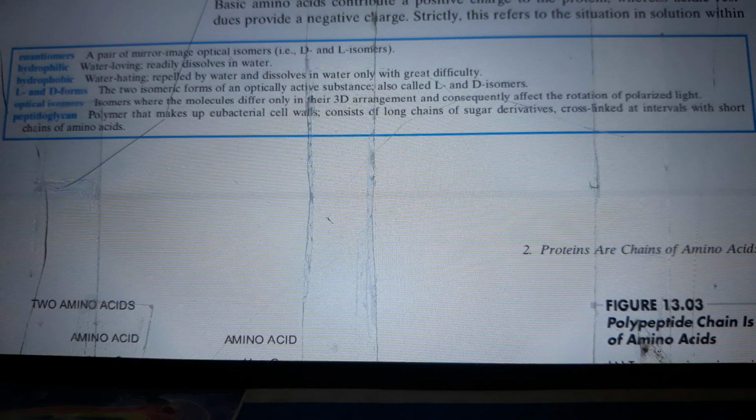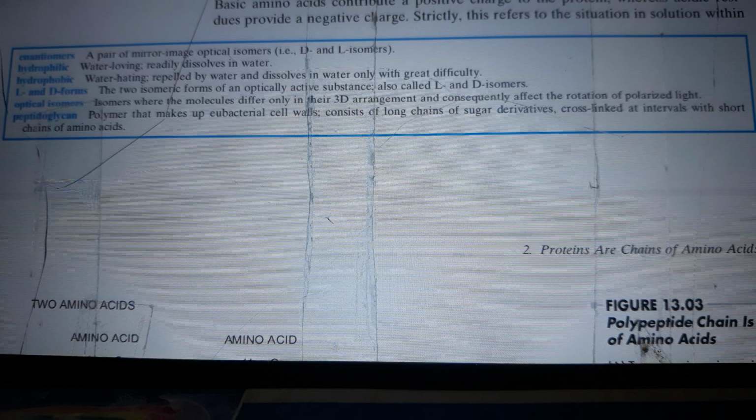So, what are enantiomers? A pair of mirror image optical isomers, that is D and L isomers, are enantiomers. Hydrophilic means water-loving, readily dissolves in water. Hydrophobic, water-hating, repelled by water and dissolves in water only with great difficulty. L and D forms, the two isomeric forms of an optically active substance, also called L and D isomers.